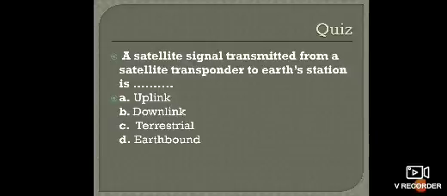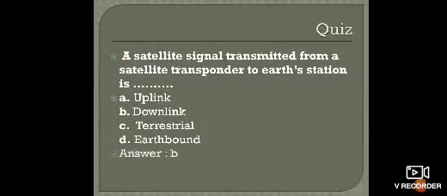A satellite signal transmitted from a satellite transponder to the Earth station is going to be called, the options are uplink, downlink, terrestrial, and earthbound. So what is the answer for this question?